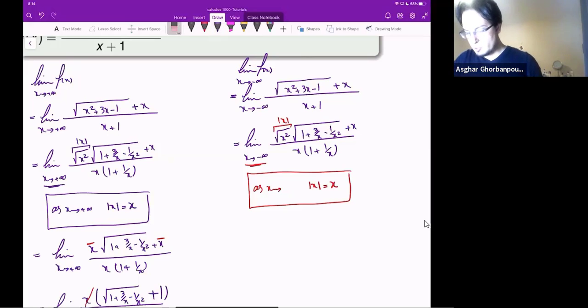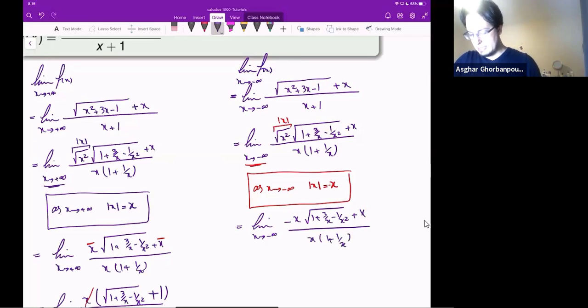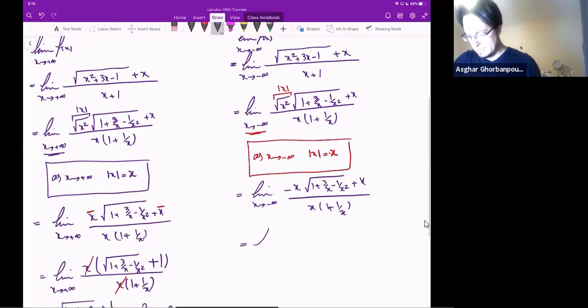As x approaches negative infinity, absolute value of x is negative x. So what we are dealing with here is the limit as x goes to negative infinity of negative x root 1 plus 3 over x minus 1 over x squared, over x plus 1.